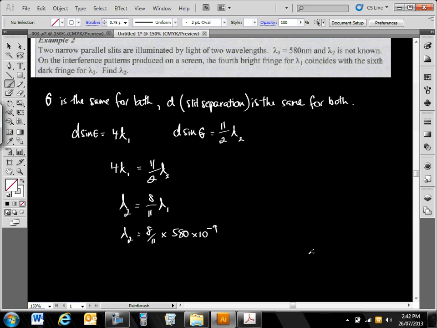We get lambda 2 is approximately equal to, now remember, I should have been doing this earlier, 422 nanometers.